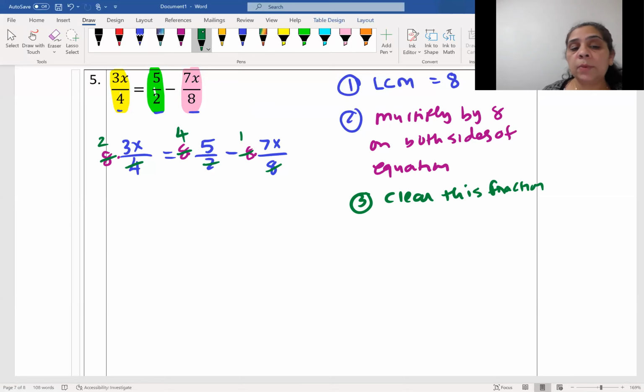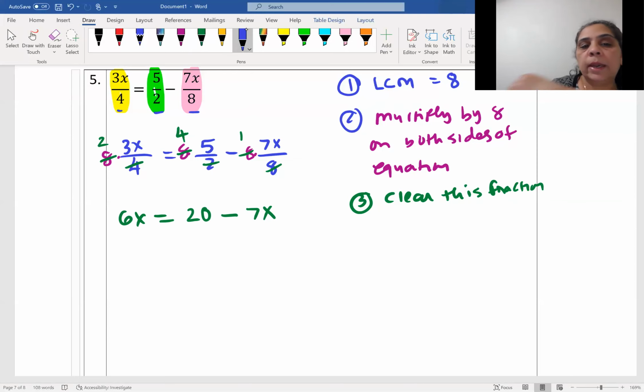So now whatever left over, we will just rewrite this. 2 times 3x is 6x equal 4 times 5 is 20 minus 1 times 7 is 7x. Okay. Next step. So now we have simple equation. You will solve for variable.